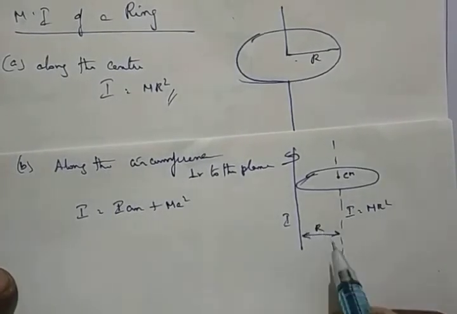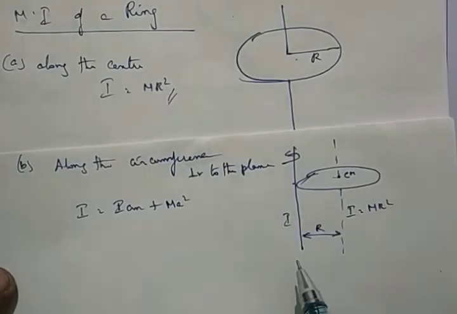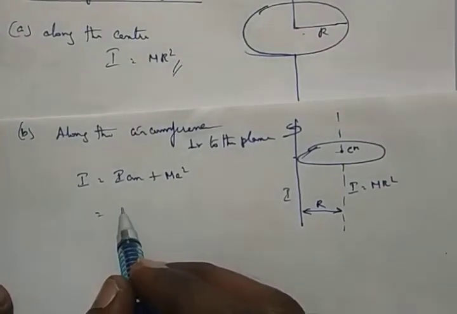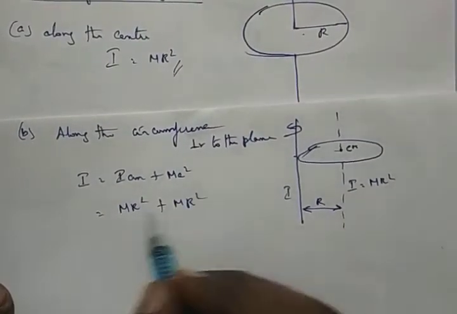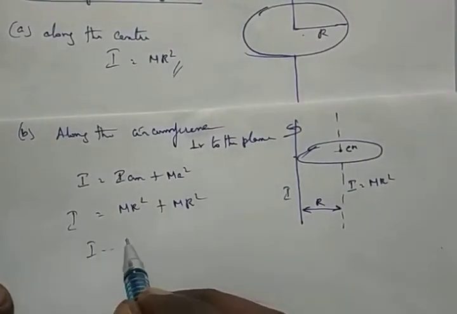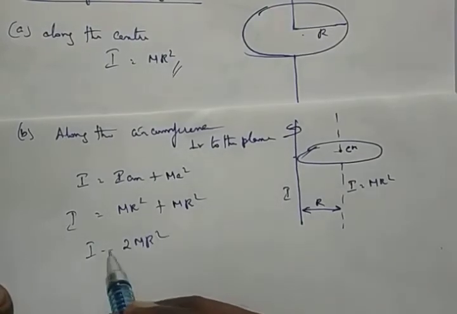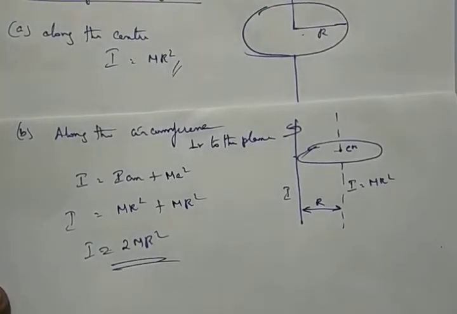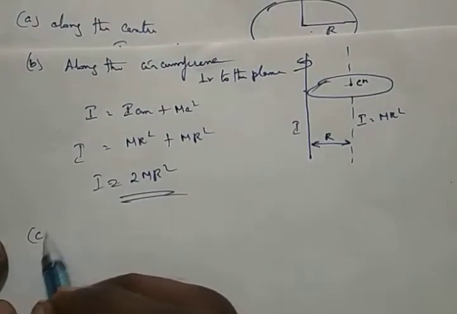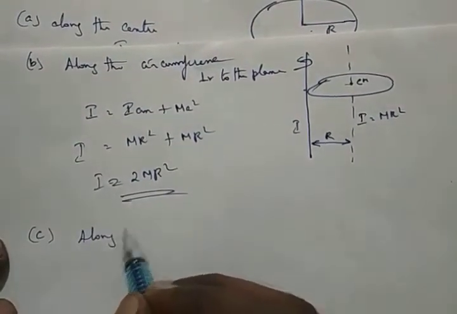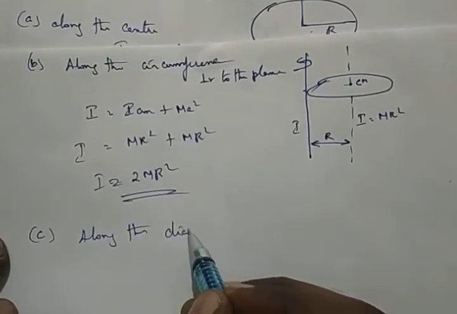This distance is going to be the radius itself. From here to here is radius only. So I center of mass is mr square plus this is also mr square. So I is going to be equal to 2mr square. This is along the circumference. The next one is C part, along the diameter.